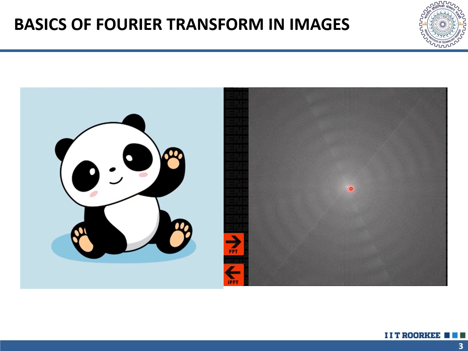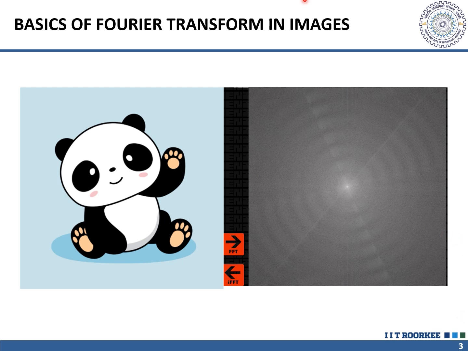This center we may consider as the origin, and as we move away from the center, the frequency will be higher. As we move farther and farther, these zones contain the information of edges and details. So this is the basic.